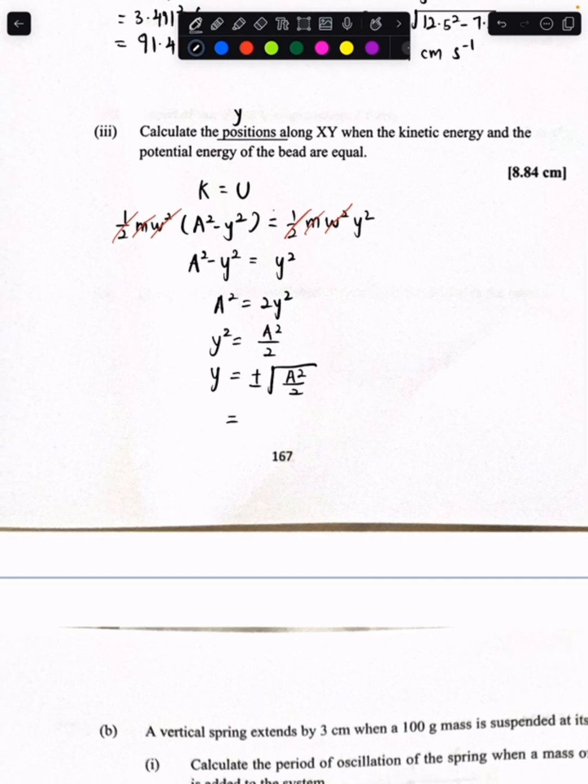As we all know, the amplitude a is 12.5, squared and divided by 2, so we just use our calculator.